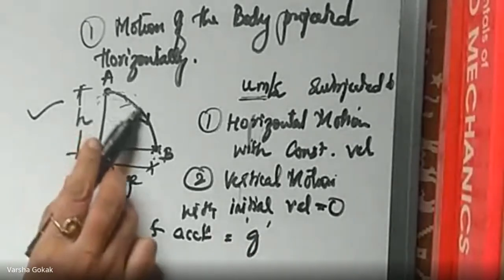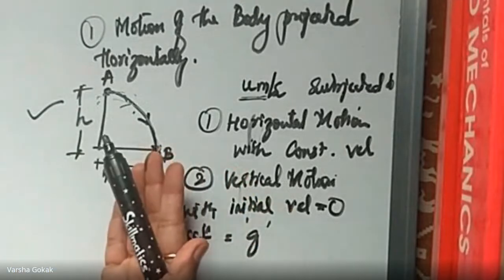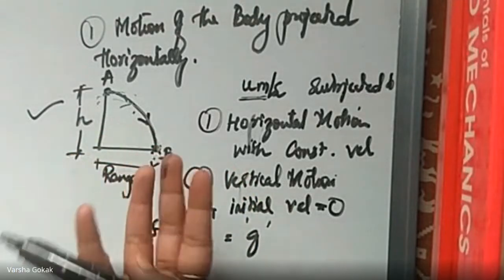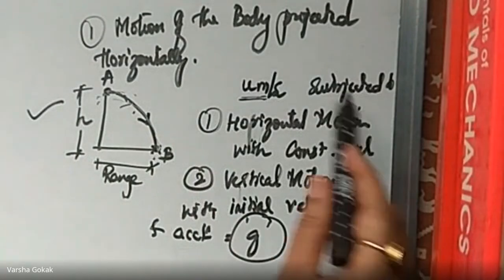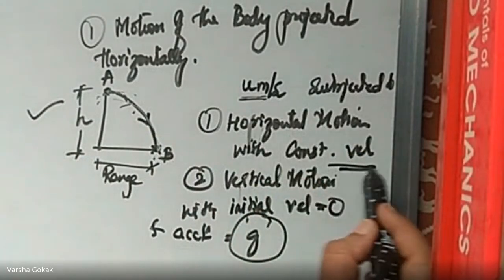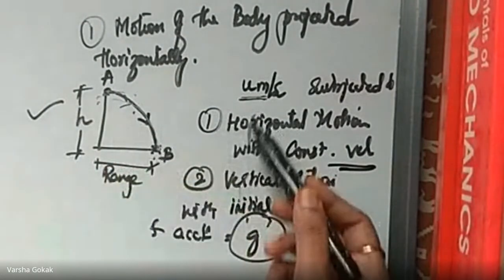So this particle is moving under gravitational force. There is no other acceleration that we are applying to the particle. It is falling freely under gravity. So acceleration would be acceleration due to gravity, and horizontal would be with a constant velocity. So that particle here is going to be subjected to these two conditions.